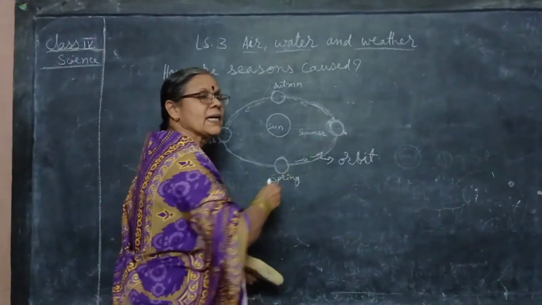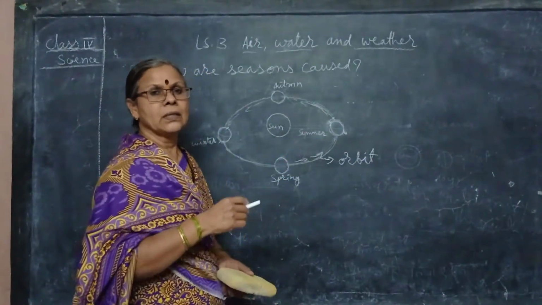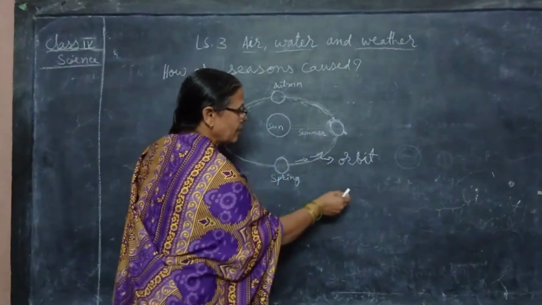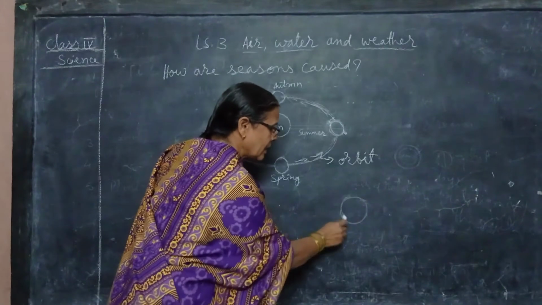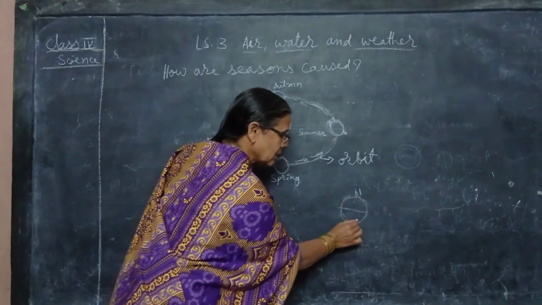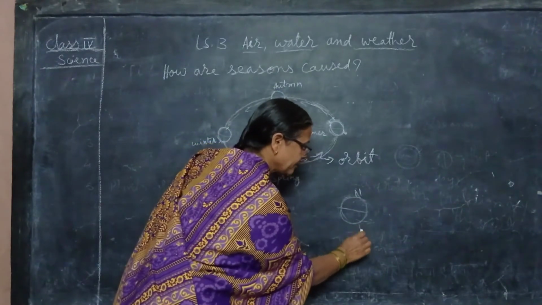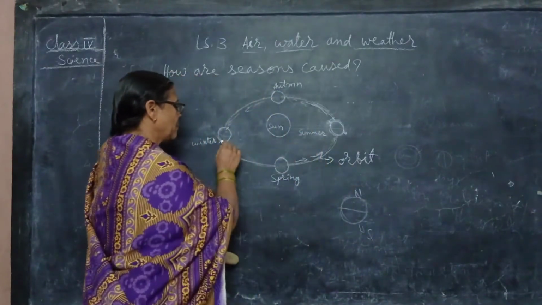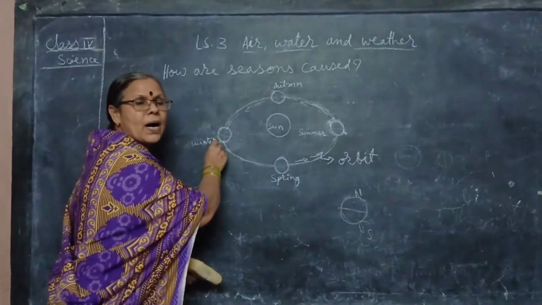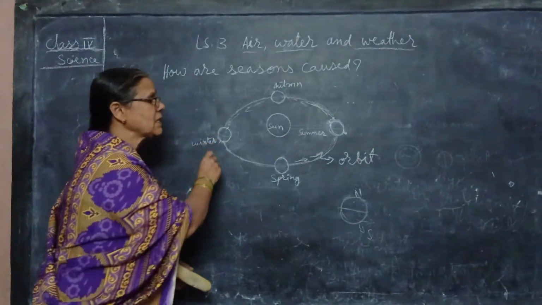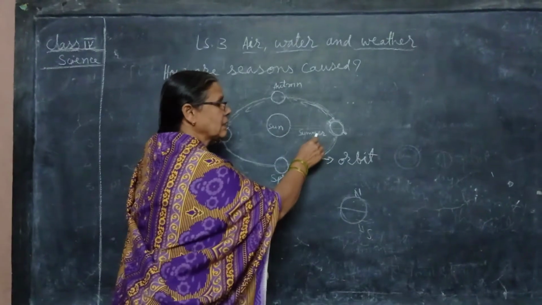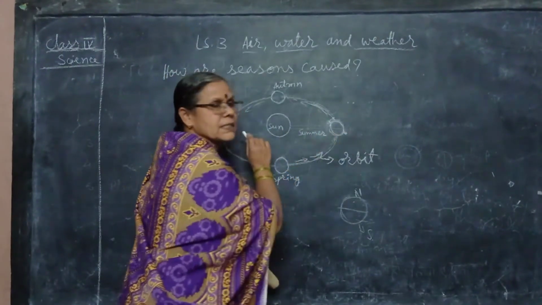India is in the northern hemisphere and Australia is in the southern hemisphere. Northern hemisphere means there are two halves. The upper part is the northern hemisphere, and this is the southern hemisphere. So whichever part is away from the sun, that part has winter season, and whichever part is facing toward the sun is called summer season.